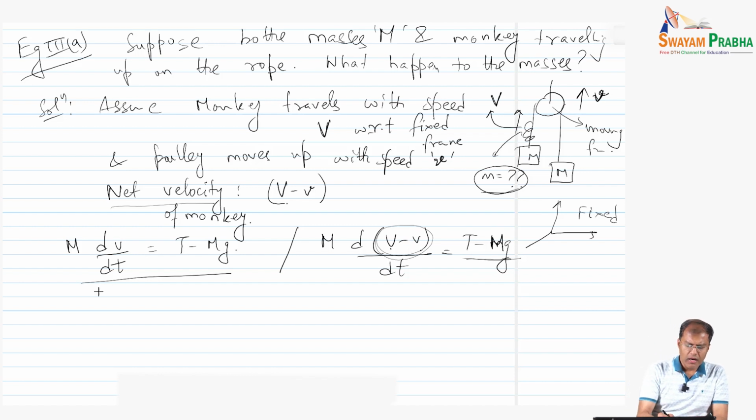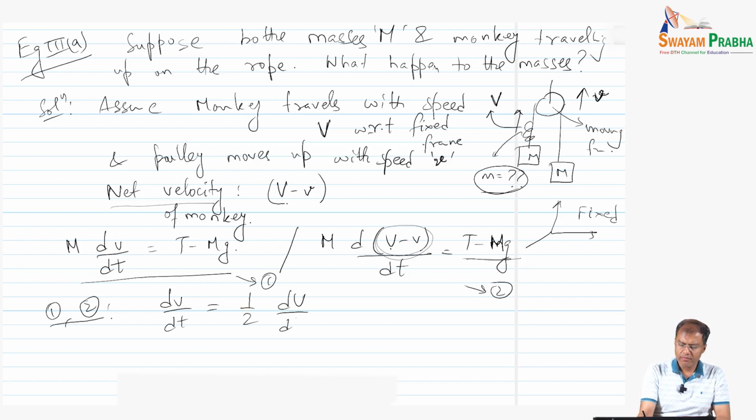And now if we add equations 1 and 2, we see that dv/dt, the acceleration of the pulley, is coming out to be half dV/dt, right?